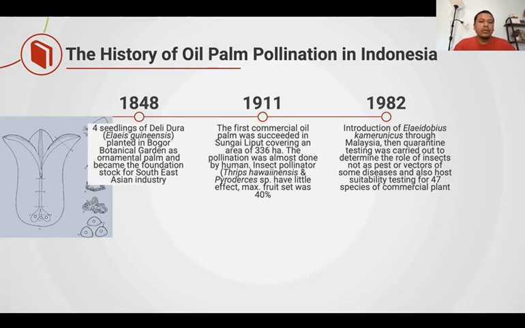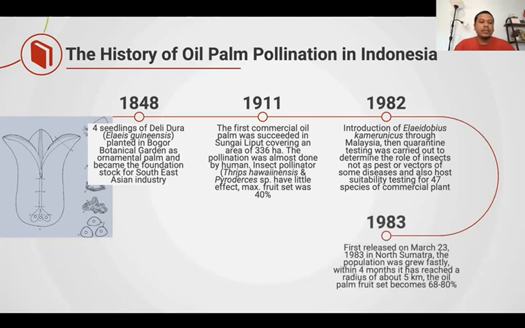And also, host suitability tests were carried out on 47 species of plant flowers. It turned out that this weevil was only able to reproduce on the male flower of Elaeis guineensis.